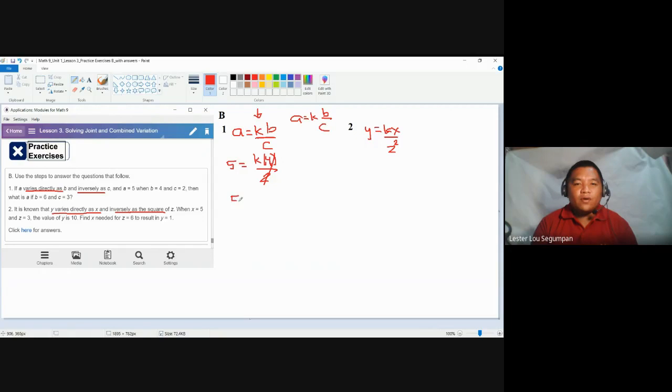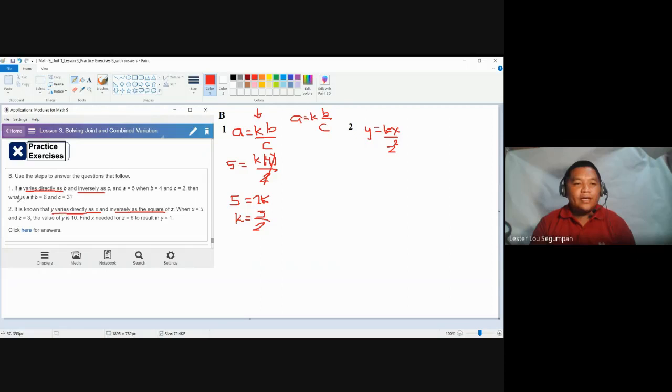So 5 is equal to 2k. So k is 5 halves. Again, I would like you to stay in fractions so that it would be easier for us to solve later. And again, in your practice exercise in your module, there are already answer keys there. This is just to demonstrate the solution.